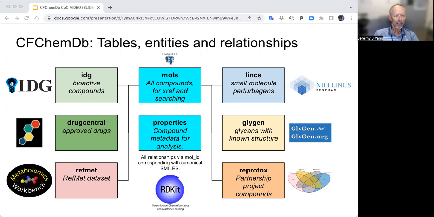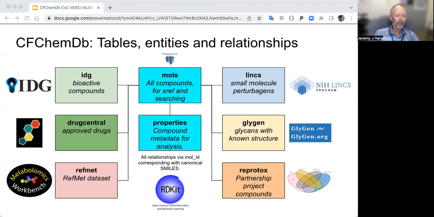Another table represents the partnership project ReproTox, focused on reproductive and developmental toxicity. The molecules table harmonizes the database via canonical representation of molecular graphs implemented by RDKit, the open source cheminformatics toolkit, and PostgreSQL cartridge. This harmonization provides interoperability and findability for the datasets thus integrated.